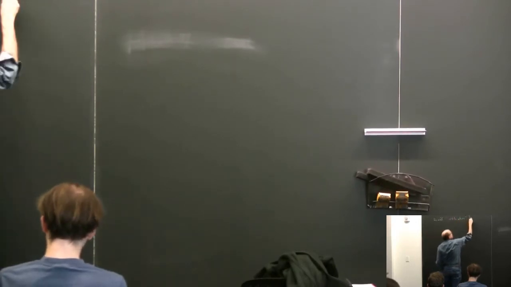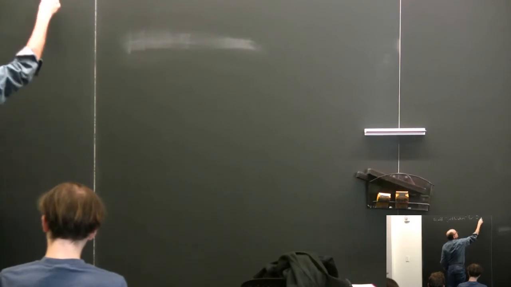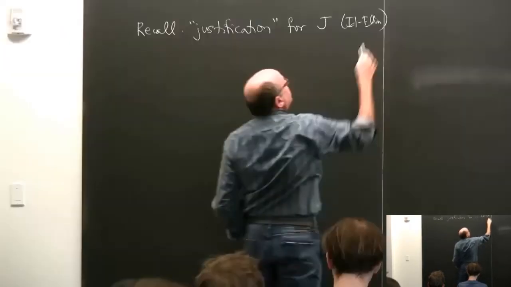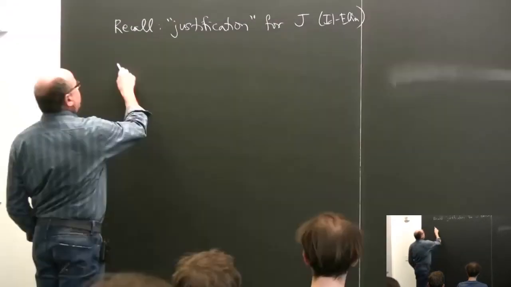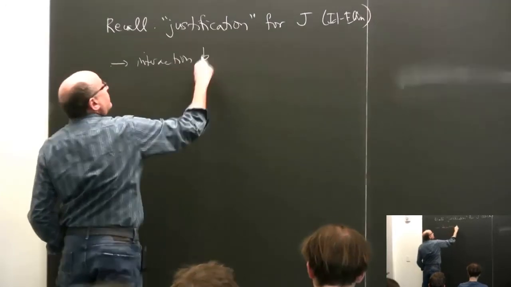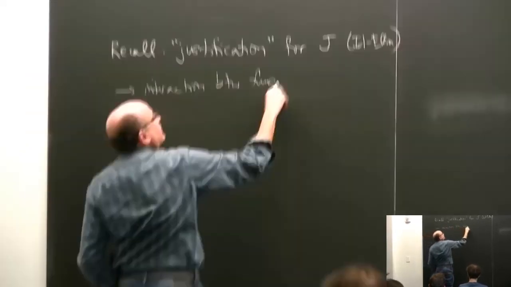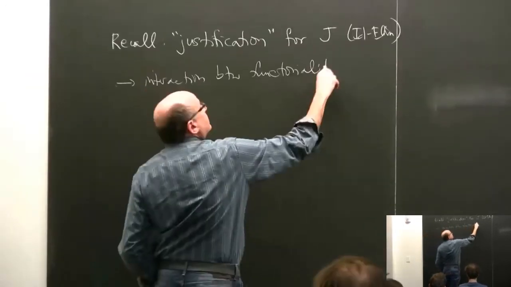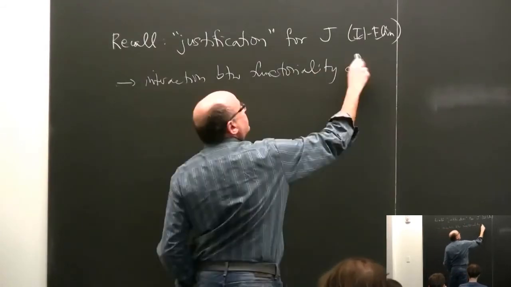for the J, or identity elimination rule, and we showed that the crucial thing was to understand the interaction between the functoriality of the family that you're eliminating into, or functoriality of the target family.